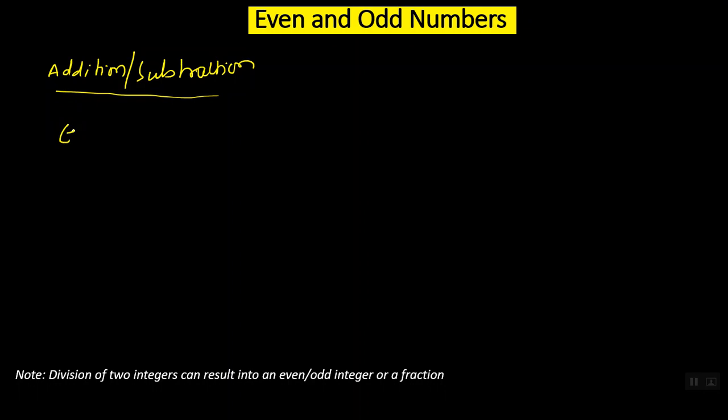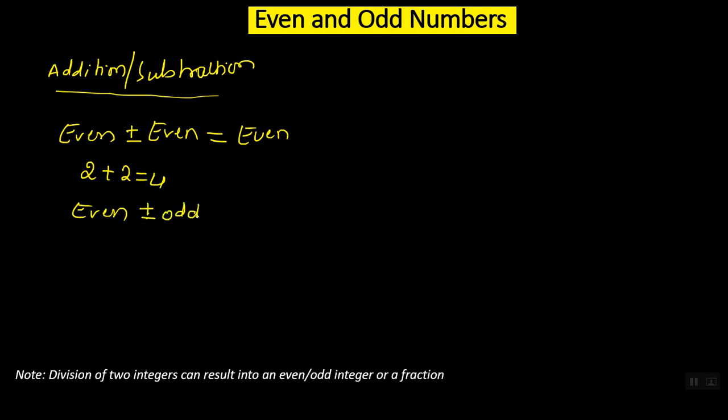Let's see. An even number, whether you add or subtract it with another even number, your result is even. Example, 2 plus 2 is 4, isn't it? An even number added or subtracted with an odd number, your result is what? Odd. Example, 2 plus 3 is 5.